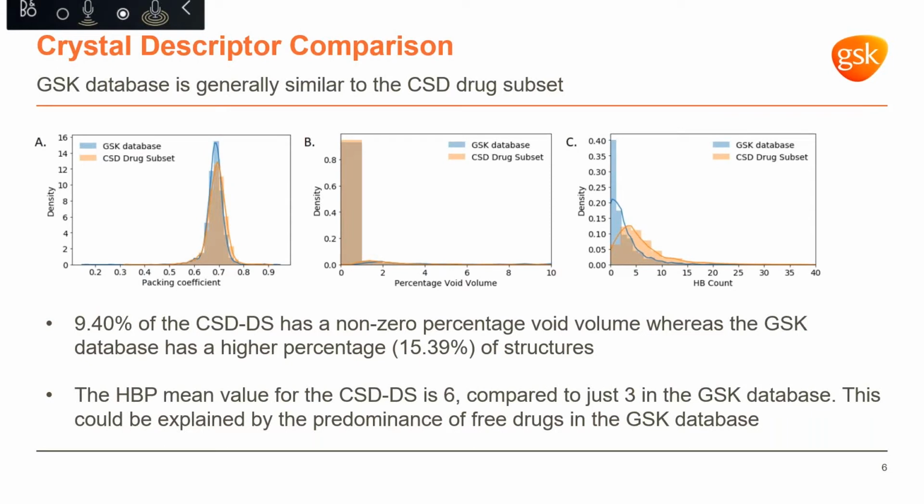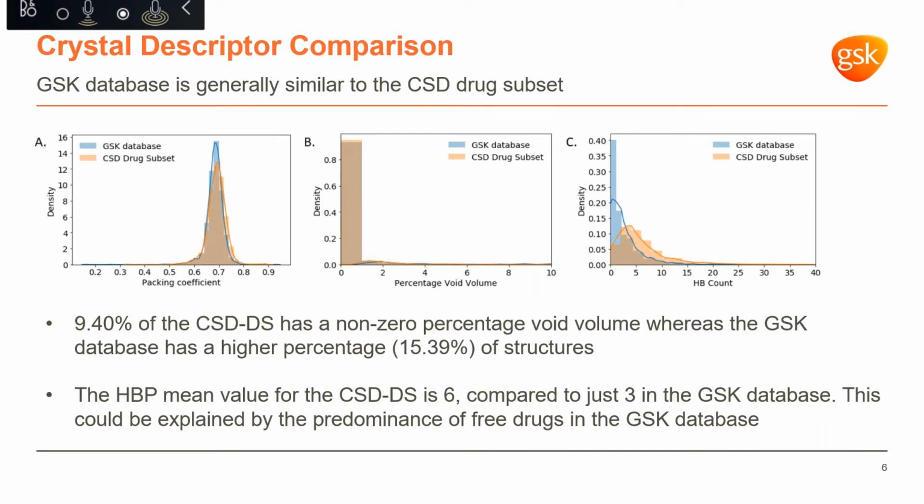The last plot in this slide is the hydrogen bonding pair distributions of the two databases. They were found to be very different, and the distribution of the CSD drug subset is shifted towards higher HBP values. This could be explained by the predominance of free drugs in our database.